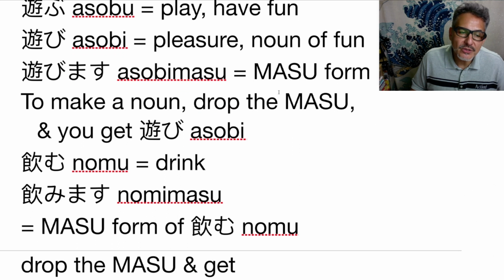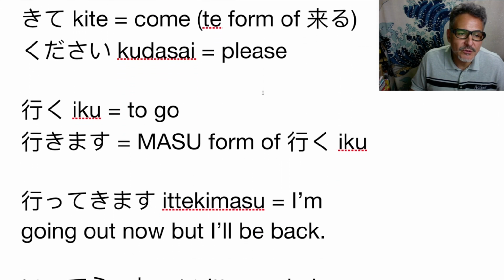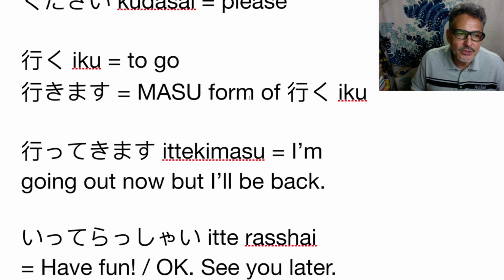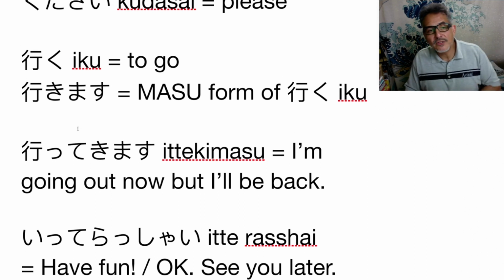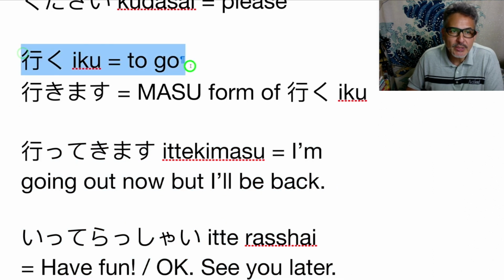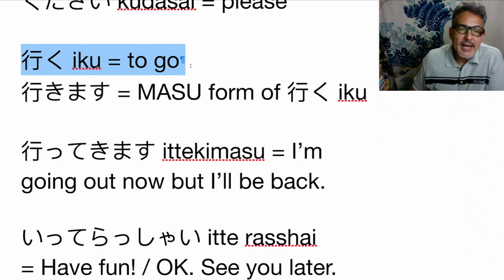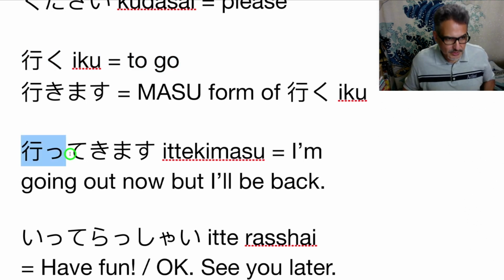And while we're on the subject, I'll teach you something that I'm sure will pop up later in these group of lessons, but let's just introduce it to you because you may know it, and if you don't, it's just a nice must-know expression. Let's talk about iku, as I just mentioned before. Iku is to go. The polite form or the mas form is ikimasu. And the te form, I should just write that there.